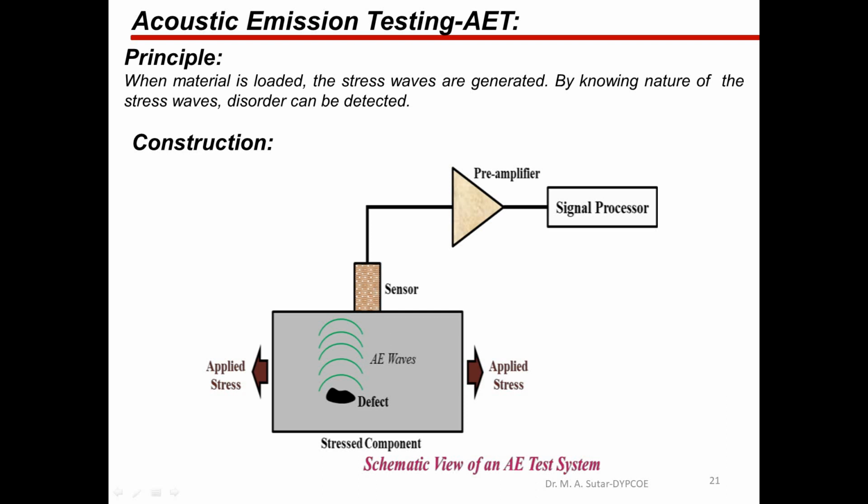The stress wave is very weak, and that is to be amplified by using this amplifier. After that, the signal processor is used, and that is going to filter out the unwanted noise, so that the clear signal given by this particular material can be observed on the screen.